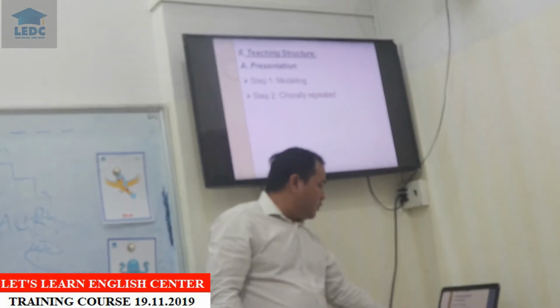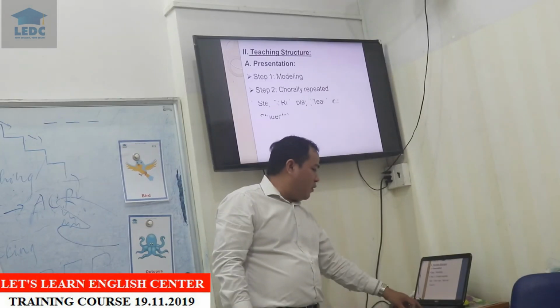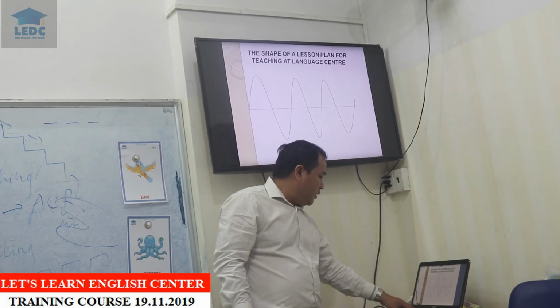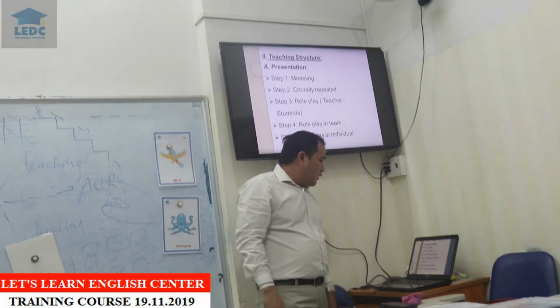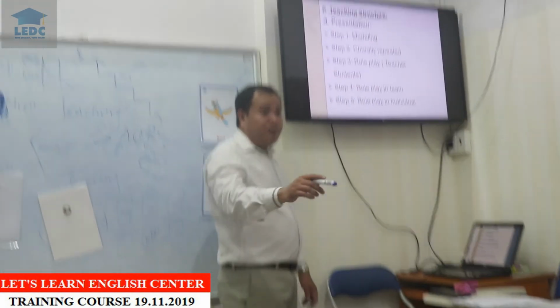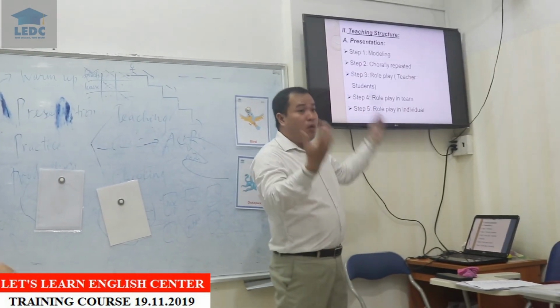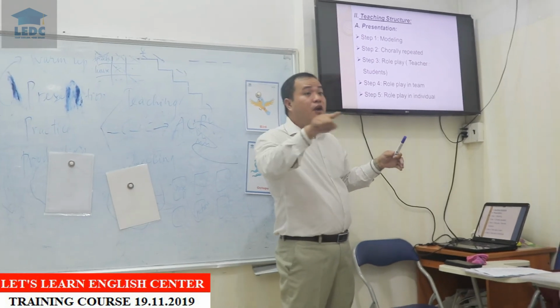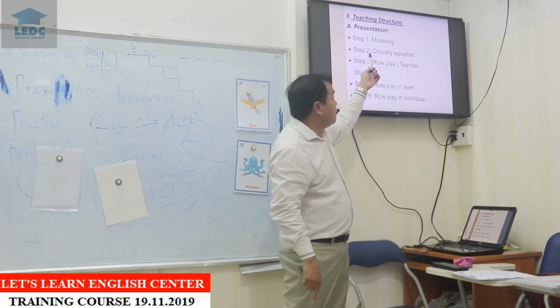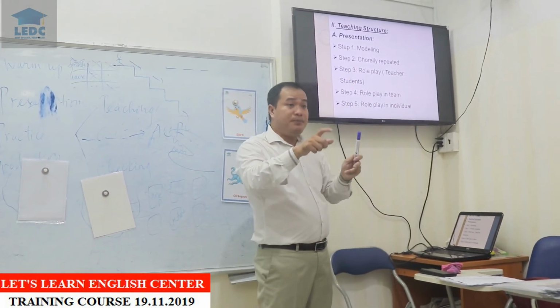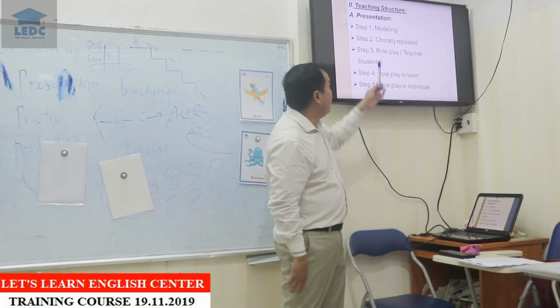You teach them this one, teach them the structure or the conversation. Remember, try to follow this one. You will teach them the conversation. Step one, you have to model. You read so the students know how to follow. Step two, you have the whole class repeat after you. Remember the conversation.